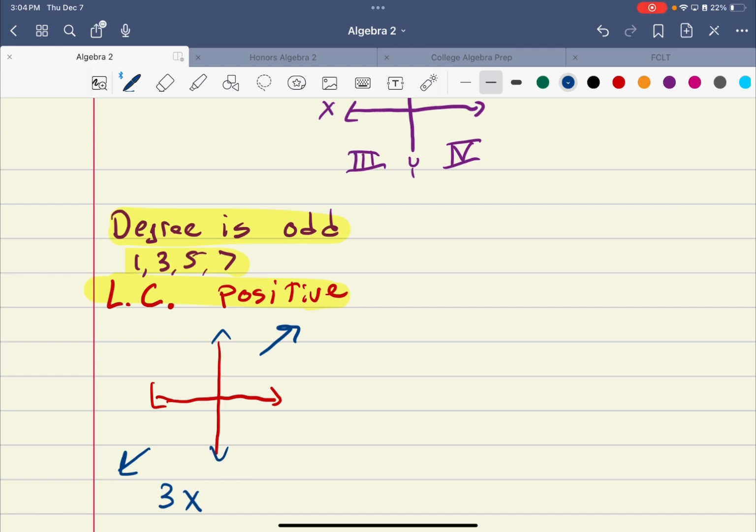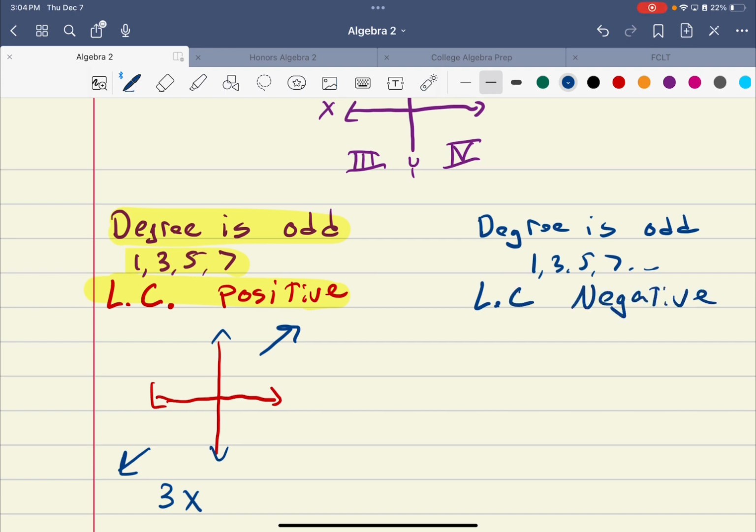The other way this could be is if the degree is odd, 1, 3, 5, 7, and so on, and the leading coefficient is negative. So it's odd for the degree and the leading coefficient is negative.